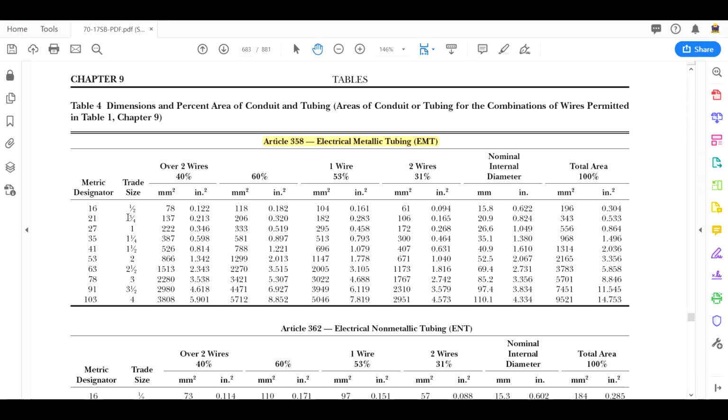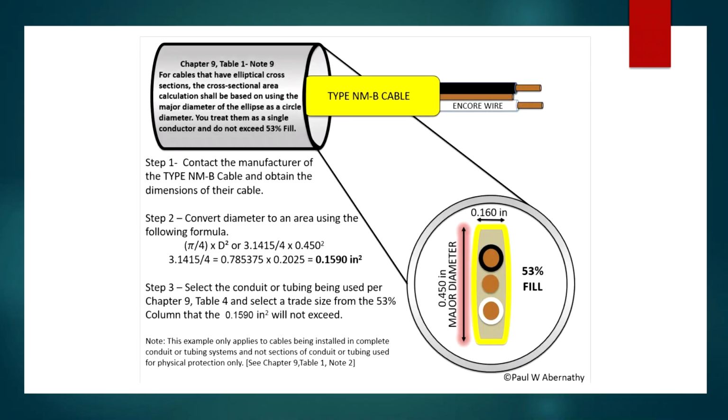So it would be a 3/4 trade size is what we would do. The 0.122 is too small. We needed at least 0.159. That's how you would size it. So for this application, I would expect this to be a 3/4 EMT in order to be able to put this size cable in there.